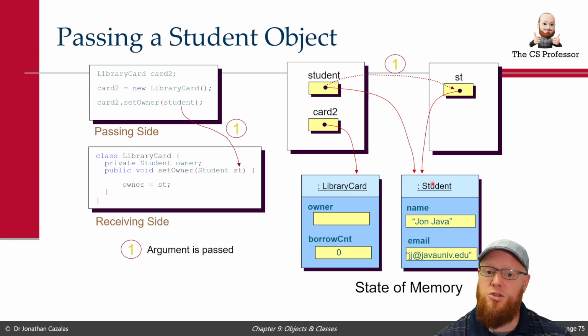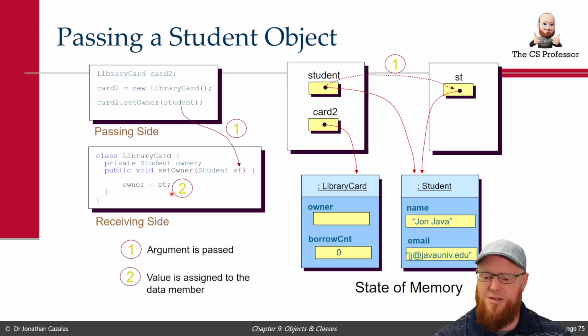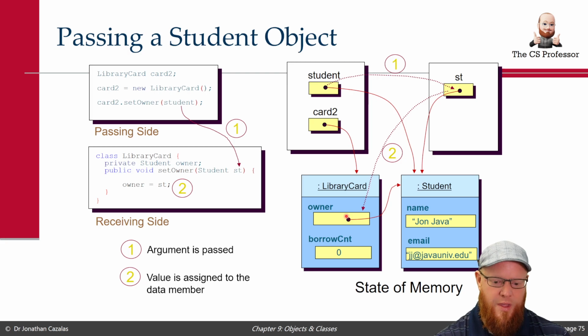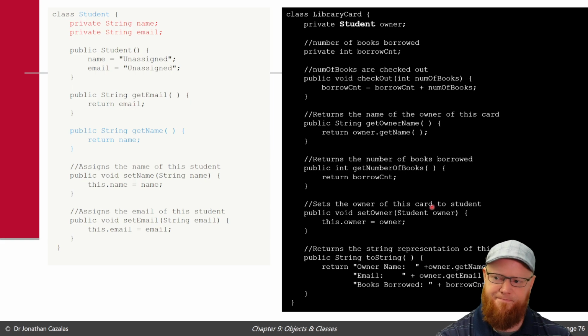ST now also points over to that same student object. And then step 2, when we make this assignment, we say take whatever's inside ST, which is an address to the student object, and save it inside or assign it to this variable, this data member owner. So when we do that, now owner also points to that same student object.